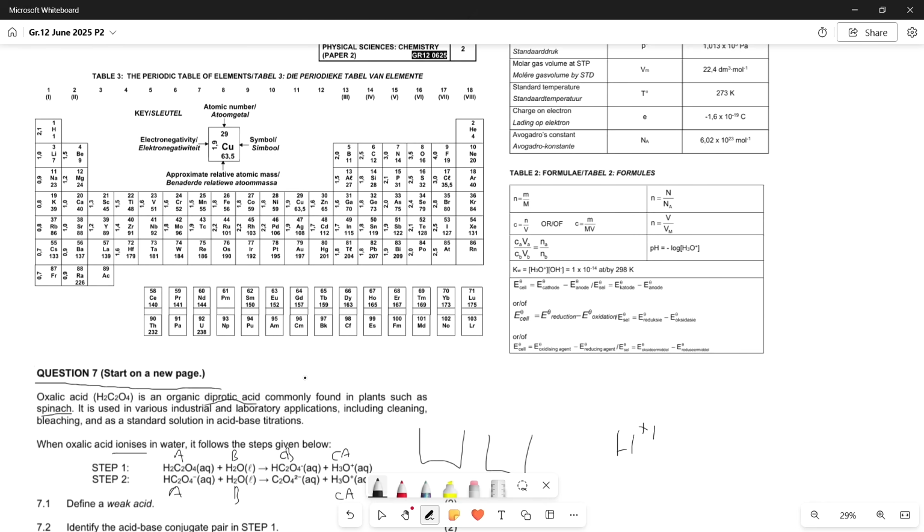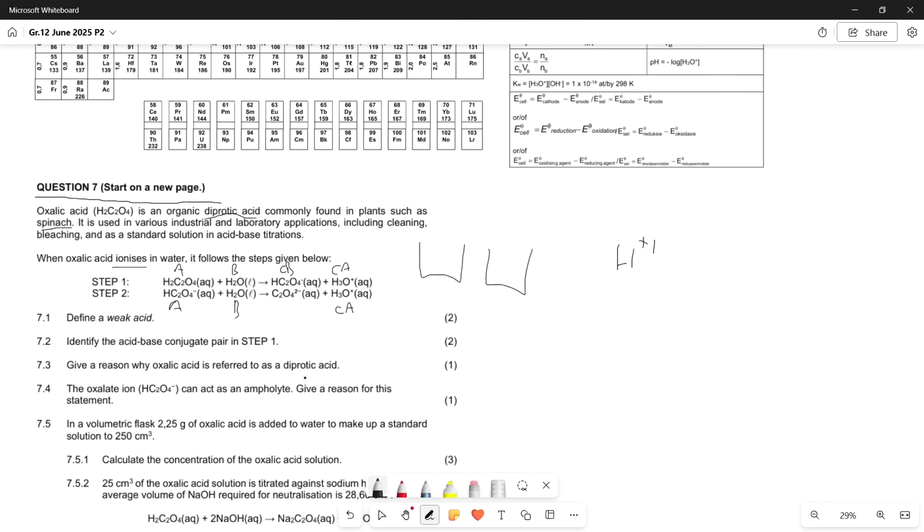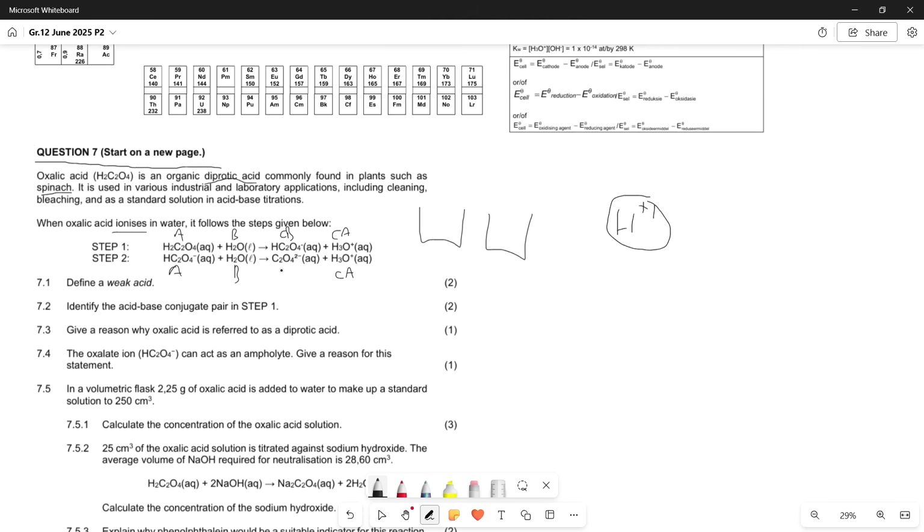So whenever we're in acids and bases, we're just looking at the movement of H's, the donating of protons or the accepting of protons. And that means over here, this is our conjugate base, and this was the 2-step process, how oxalic acid ionizes in water because it is diprotic.